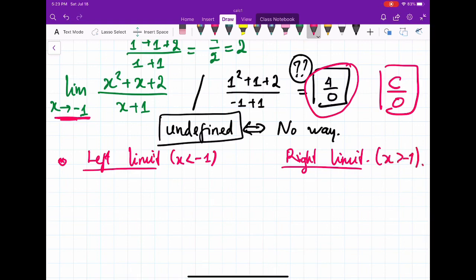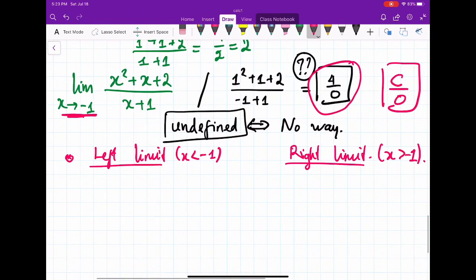I have the following one: (x squared plus x plus 2) over (x plus 1). On the top, when x approaches -1, I always have a positive number, because when you plug in some point very close to -1, this is always positive.